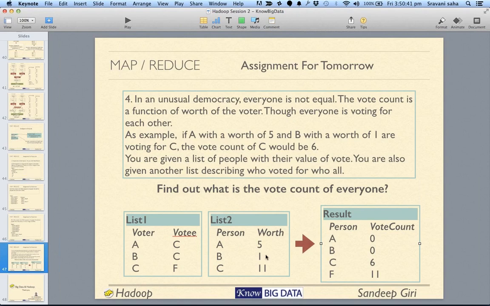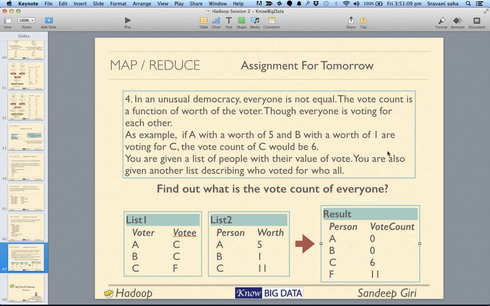You will be given these two files, one containing the votes, who voted for who, other containing the worth of each individual, and you have to tell me the resulting vote count. All right? And this is for billions of users.